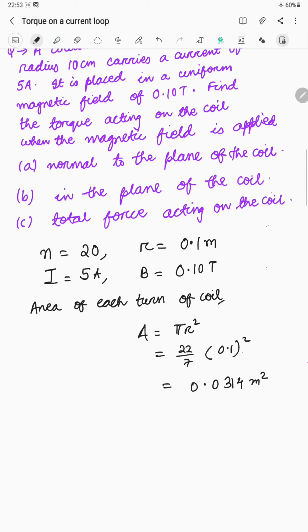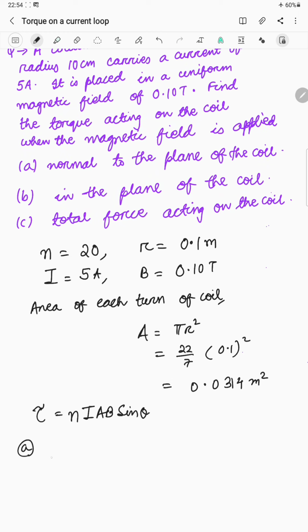Now we have found the area. Then the torque on the coil, tau, will be IAB sin theta. But remember, n is there, so you have to multiply by n, the number of turns. In the first case, it is given as normal to the plane of the coil.